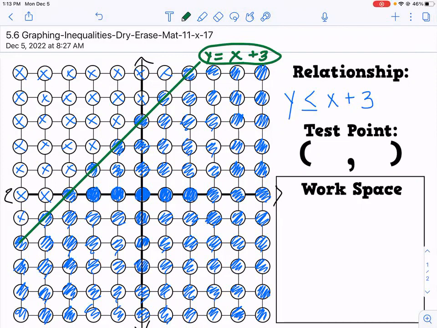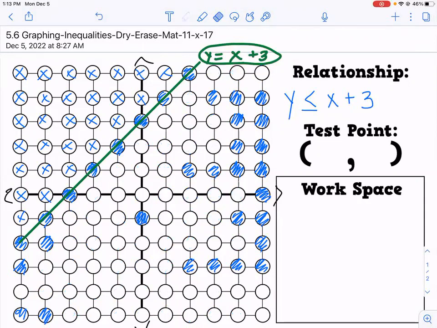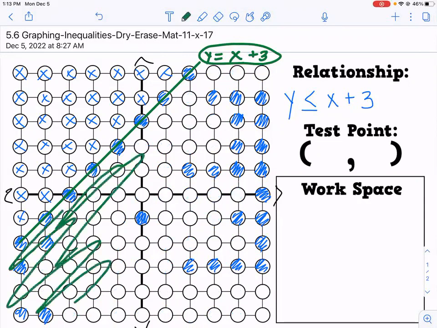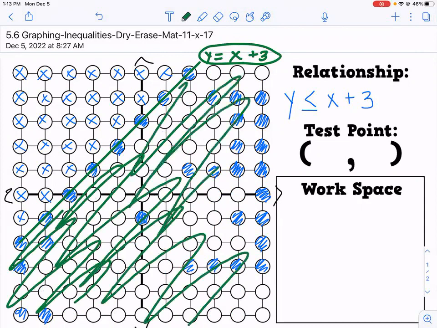So what we're going to do, instead of me asking you to color in some dots, is shade one side of the line.